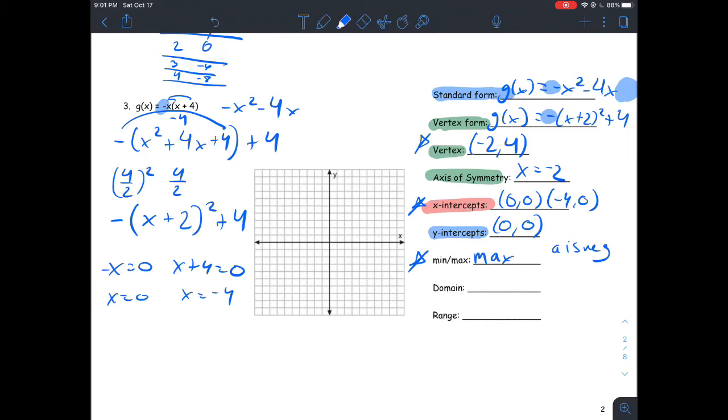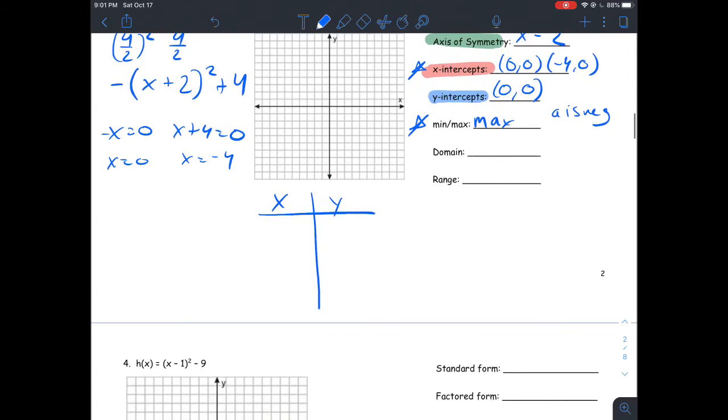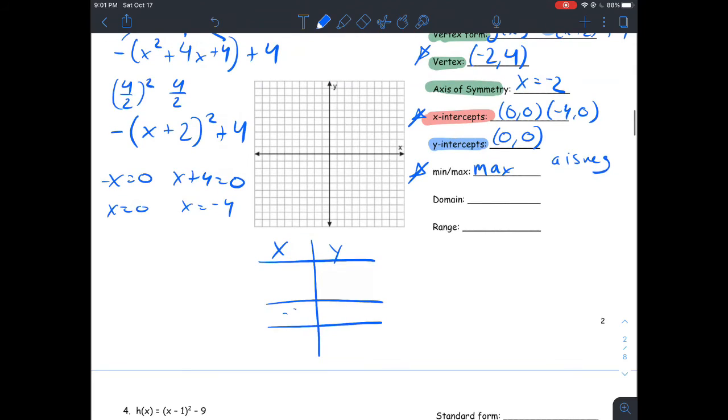A is negative, so you're going to have a maximum. It's going to open down like a frown. So let's go ahead and get our x and our y values. I'm going to put our vertex smack dab in the middle, which is going to be negative 2, 4, negative 3, negative 4, negative 1, and 0.